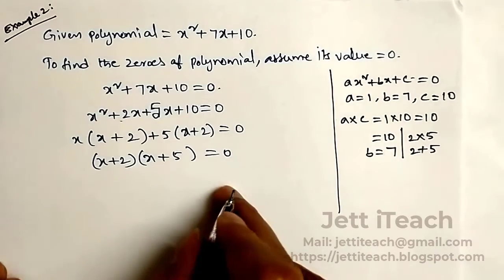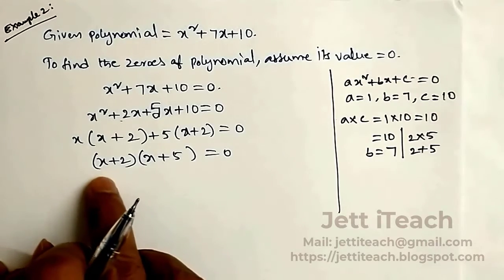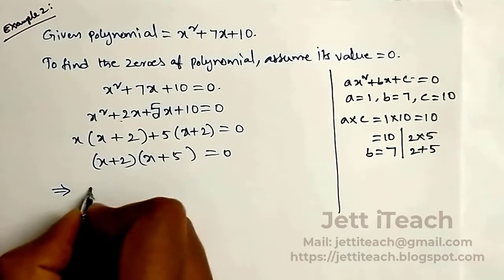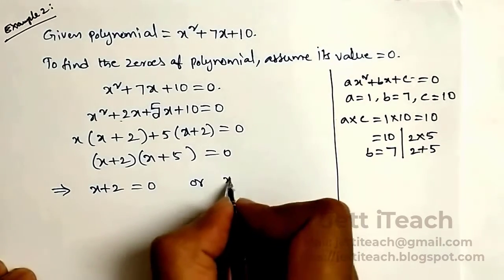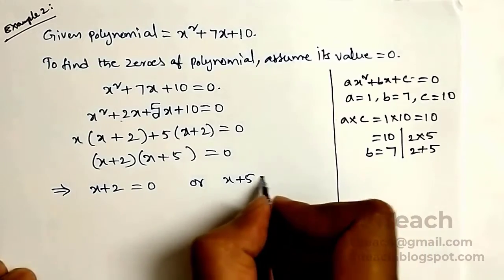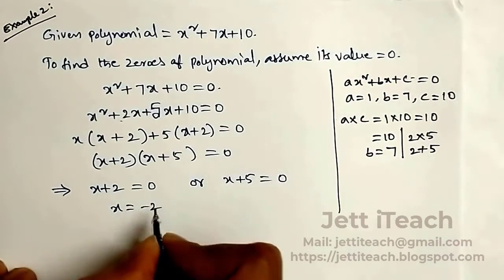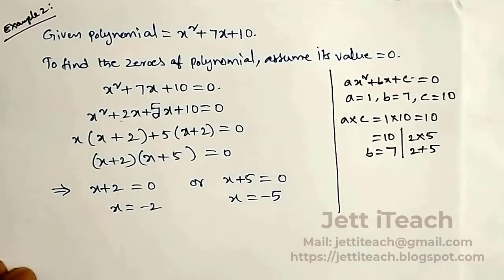Now, how will this expression be 0? Either this term or this term will be 0. So x plus 2 equal to 0 or x plus 5 equal to 0. So x equal to minus 2, x equal to minus 5.